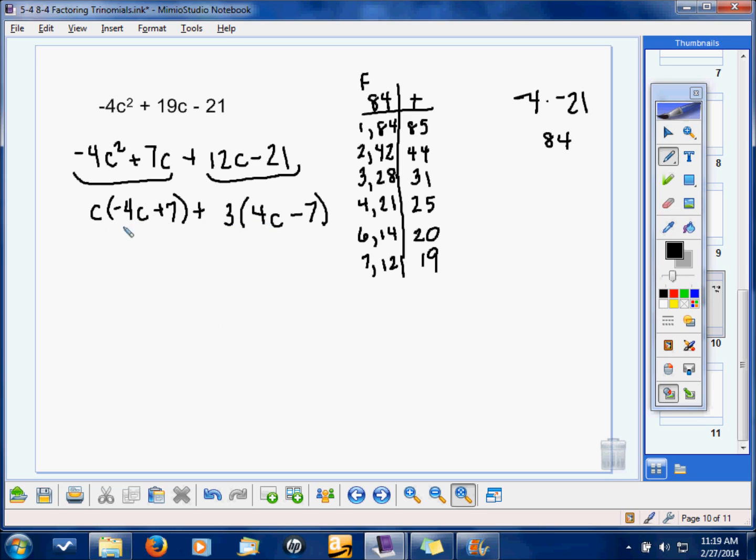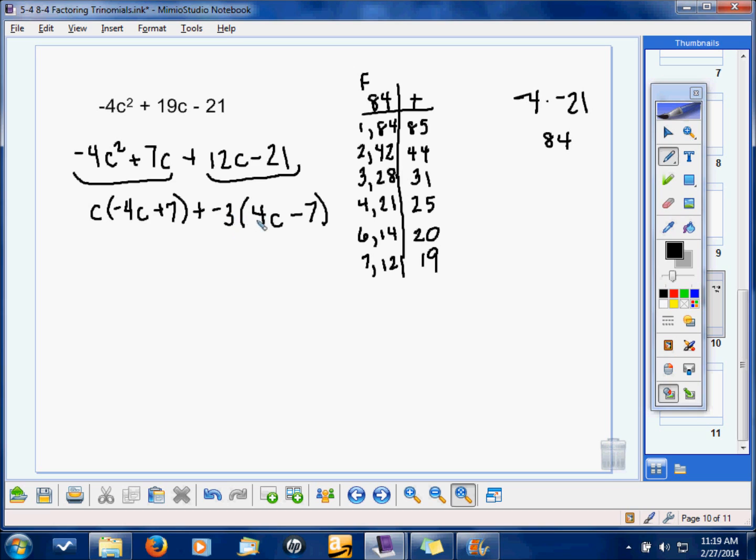Look what happened here. This is almost matching. It's not quite matching. However, listen to me. Here's where you have to be a little bit careful. This can happen sometimes. Really, the only difference is that the signs are backwards. So instead of factoring out a regular 3 here, we could factor out a -3, and that'll solve our problem.